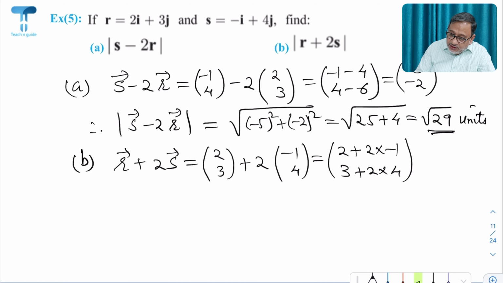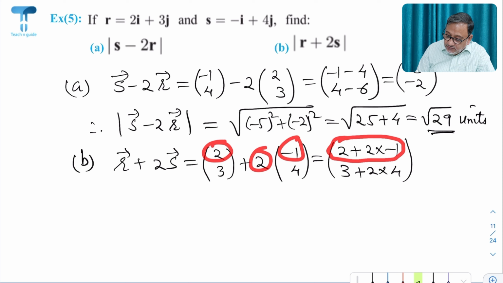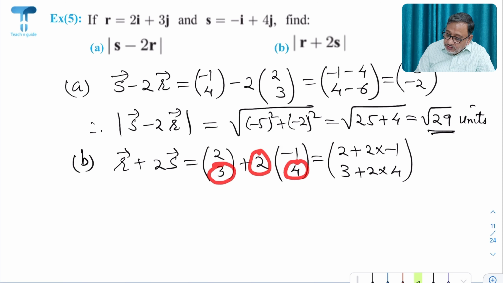Okay. So look here, 2 plus 2 times minus 1, and then 3 plus 2 times 4. So finally it will be 2 minus 2, 0, and 3 plus 8, which is 11.